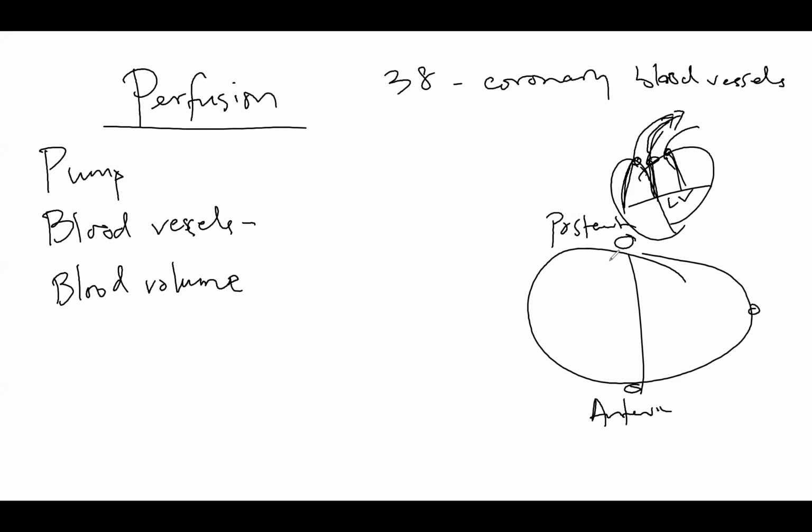This is the right side, and this is the left. The three main coronary arteries are your LAD, RCA, and I keep forgetting what the lateral one is. Anyway, they fill during diastole only. They cannot fill during systole because, again, of the forward flow of the blood.